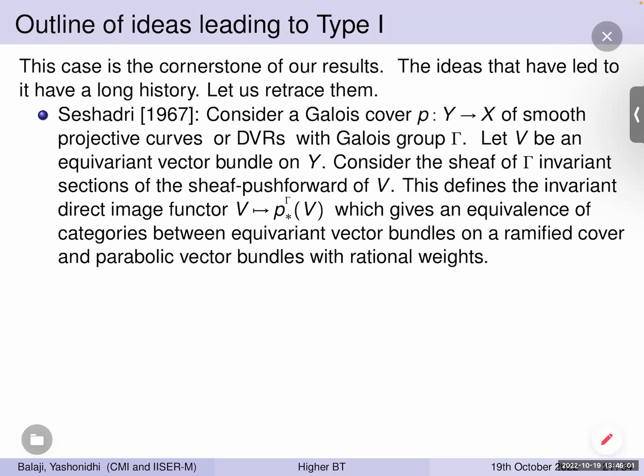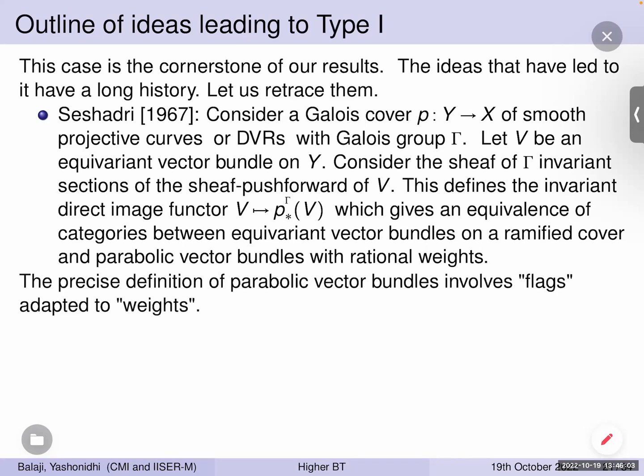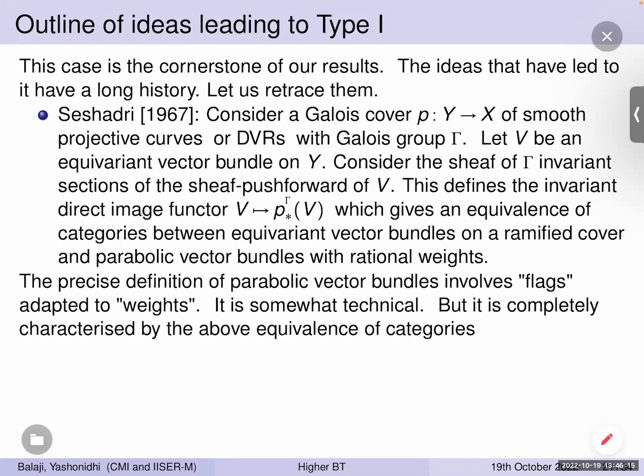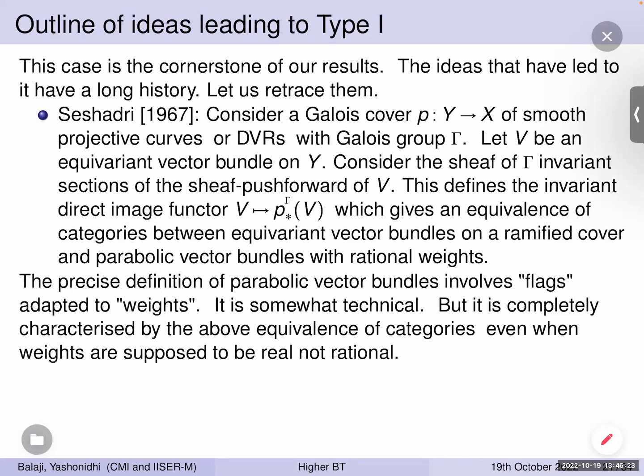So I've written this just to familiarize you. The precise definition of parabolic vector bundles involves flags adapted to weights. It is somewhat technical, but it is completely characterized by the above equivalence of categories. For emphasis, even when weights are supposed to be real, not rational.